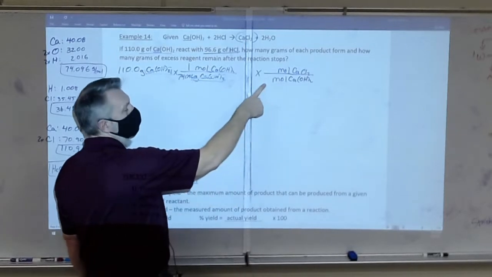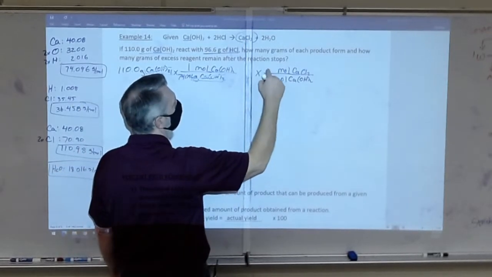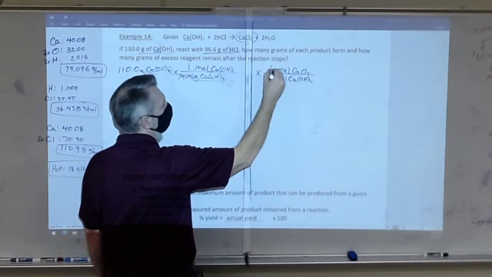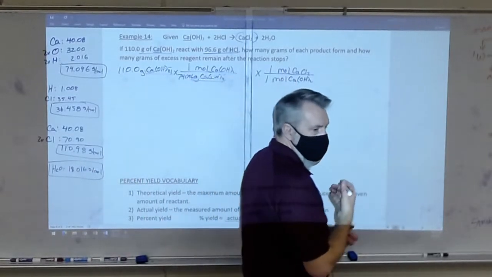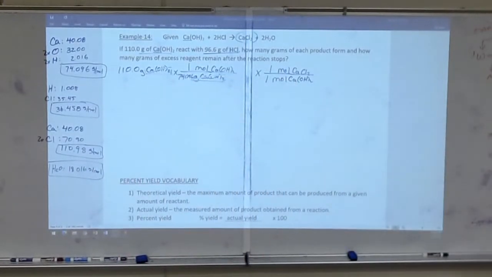Now what number's going here? 1. What number's going here? 1. I'm going to give you all shortcut number 1. Next class, I'm going to teach you a fast way to do these kinds of problems. But I really want y'all to get some practice doing conversions, so we're going to do the nice long way right now.